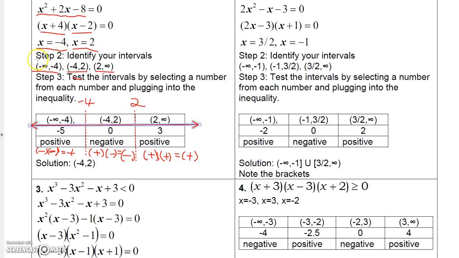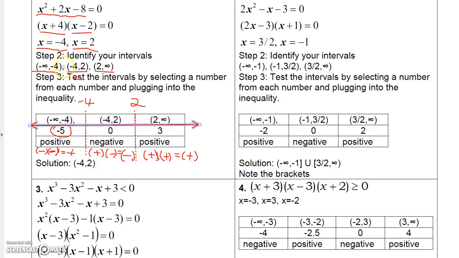So I'm going to pick one number in this interval. I could pick negative 10, negative 100, or some weird number like negative 5.8, but I'm going to choose the number that's probably easiest to work with. So the number just to the left of negative 4 would be negative 5.